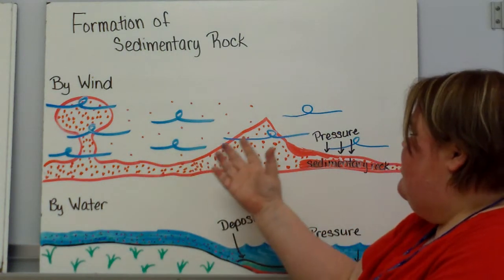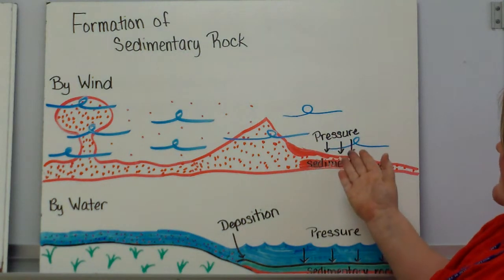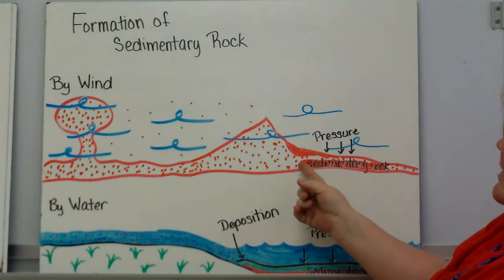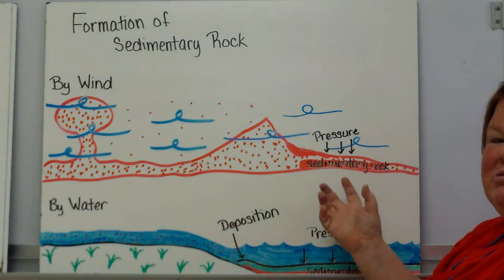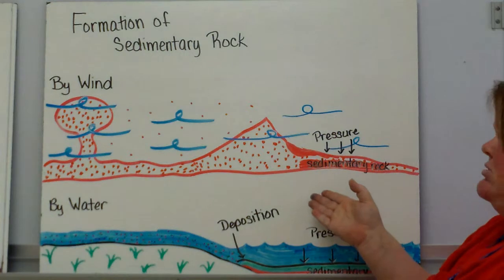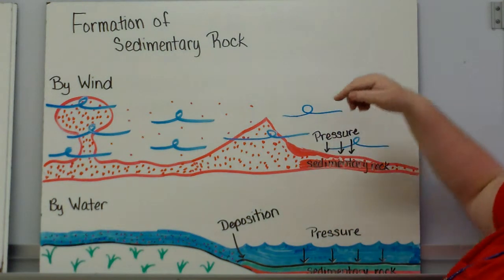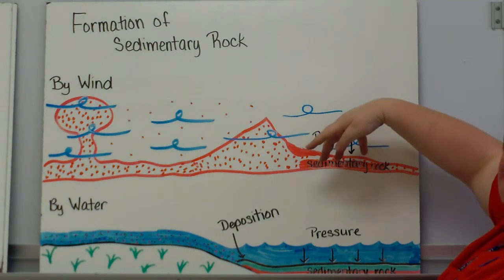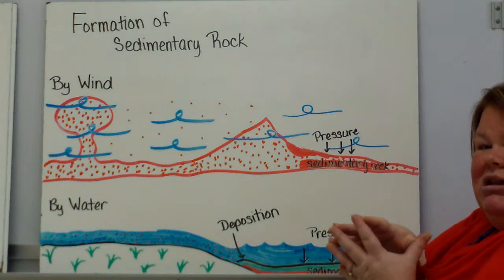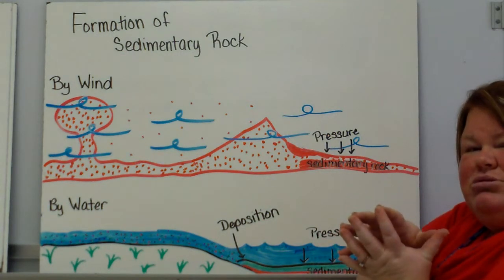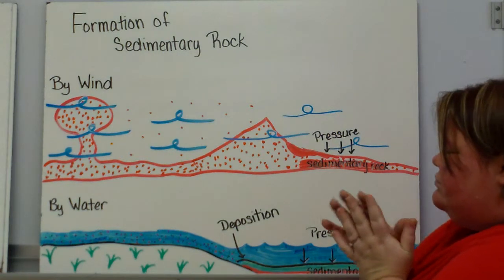So it picks it up, brings it to a new location, deposits it, and then once it's deposited, we have different layers of that sediment that build up over time. When the sediments build up, pressure pushes down on that sediment and cements it together, makes it a solid. It almost glues the sand and sediments together.